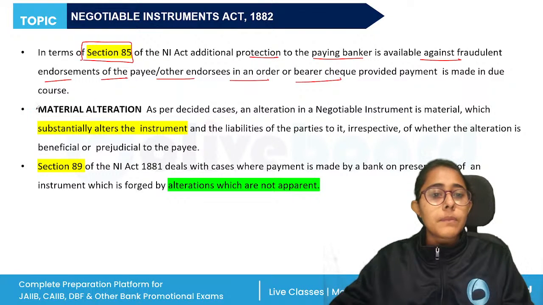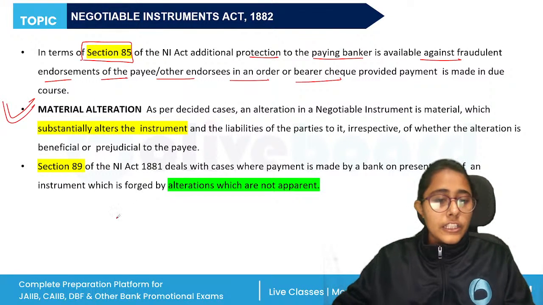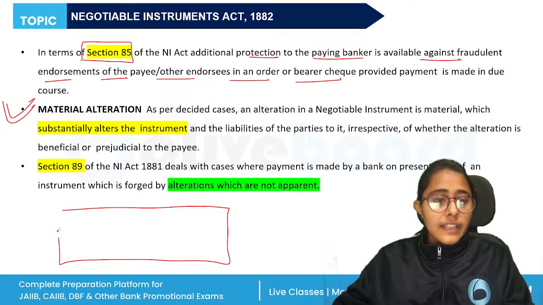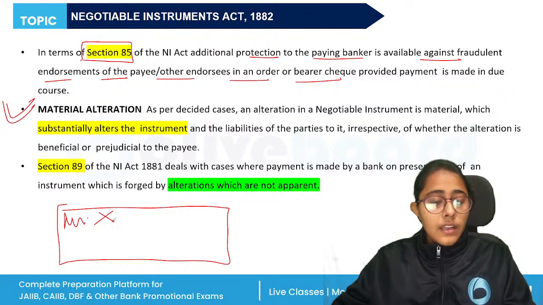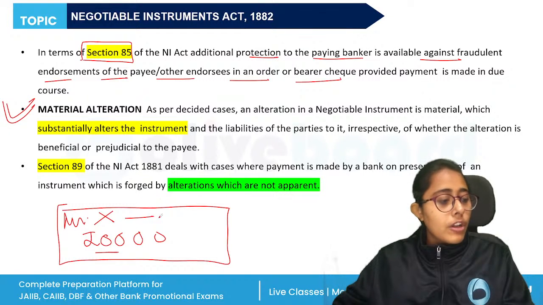Now, when we talk about material alteration, let's say we have a check in this form and it is in the name of a person, let's say Mr. X. The amount which is mentioned here is 20,000, and the person fraudulently, without informing the bank or the drawer, adds a zero to it.